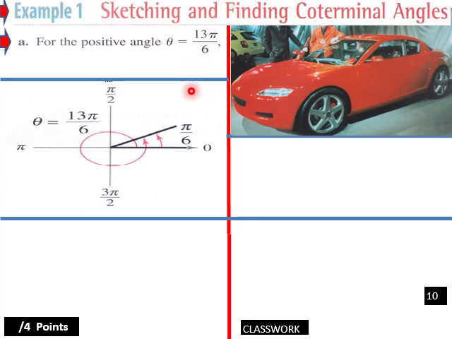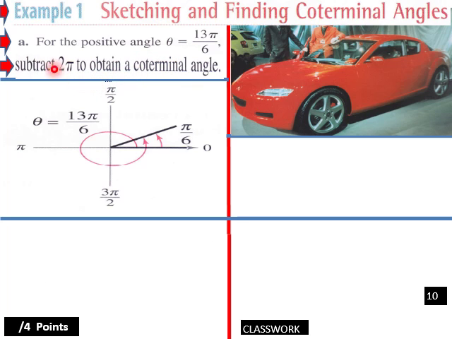We're going to find something coterminal with that by subtracting 2 pi. To subtract 2 pi, we go back this way, and we have this angle here.